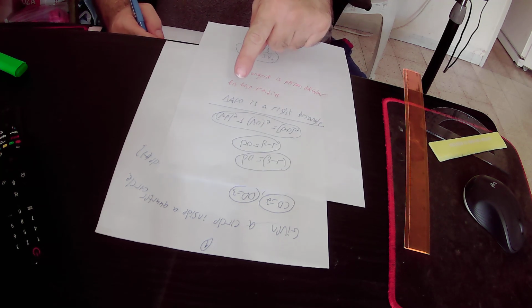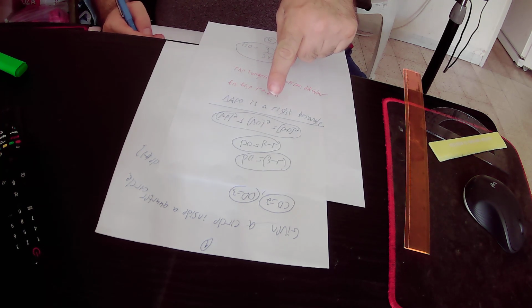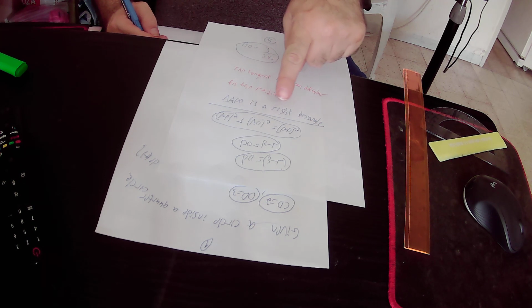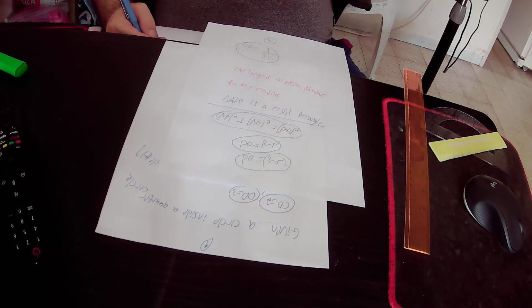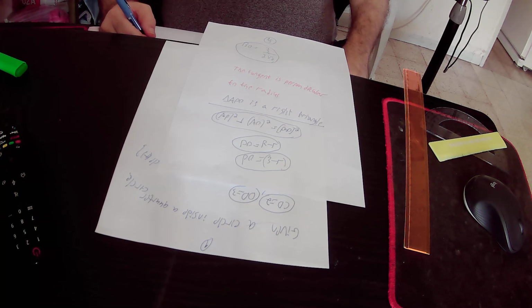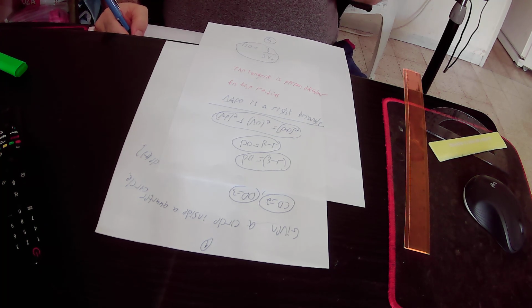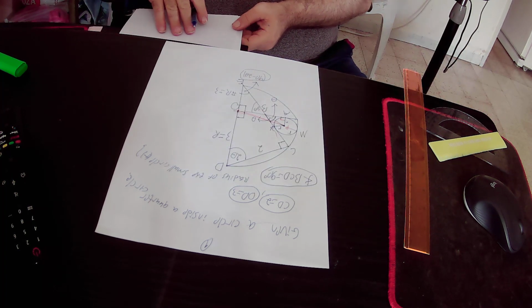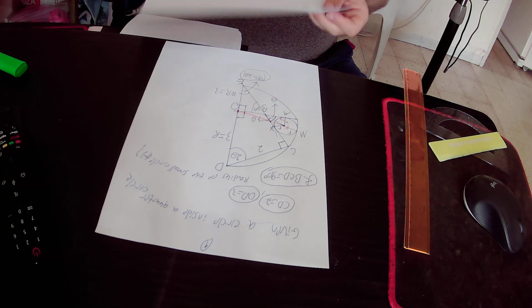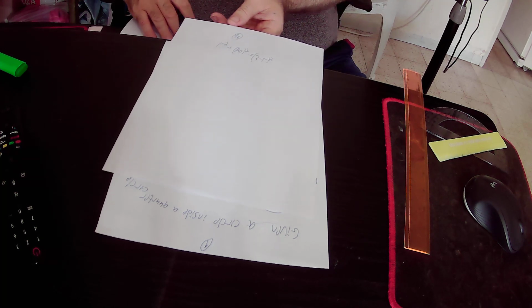PO we've already found out equals 3 minus r, so PO square will be equal to (3 minus r) square. So in total we got that r square plus AO square equals (3 minus r) square.